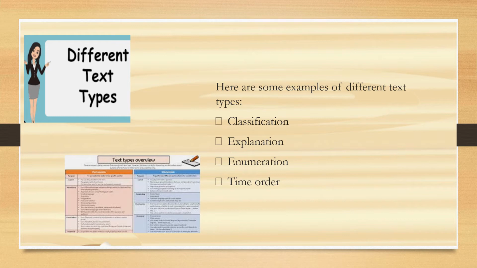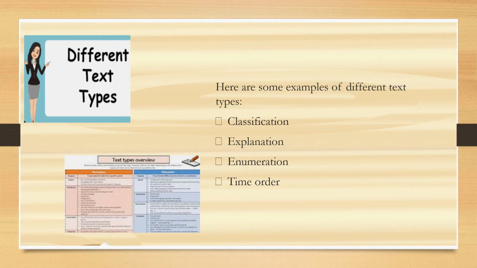These forms of writings are known as text types. The phrase text type is a way of classifying and defining different types of language interaction, both spoken and written. It refers to the purpose of a text and the way it is written.